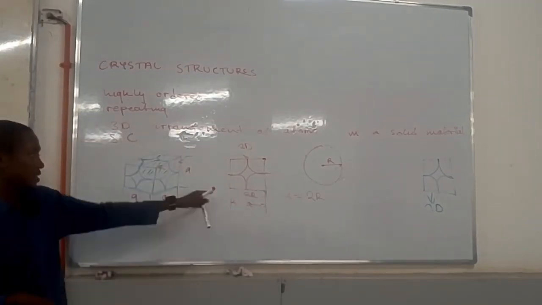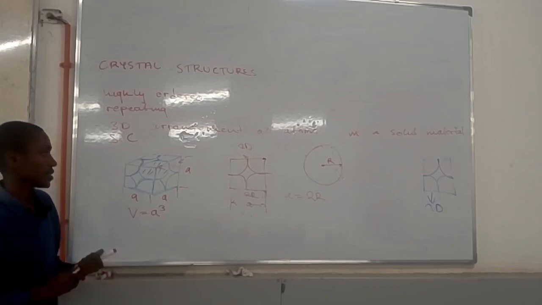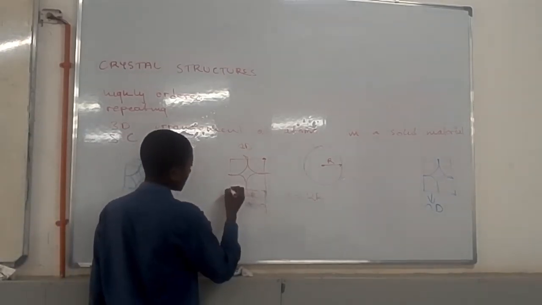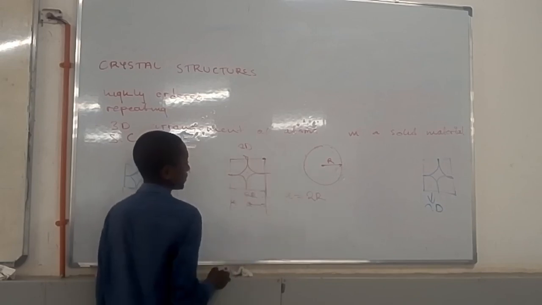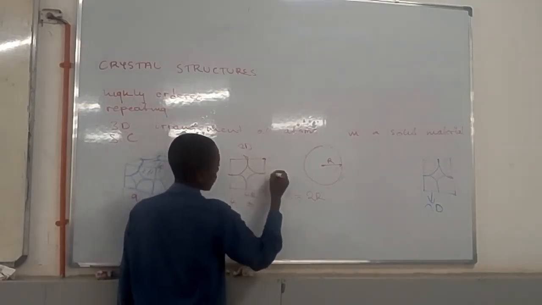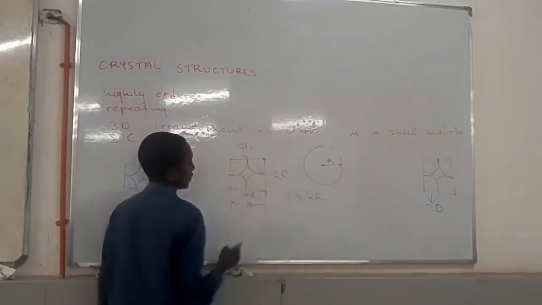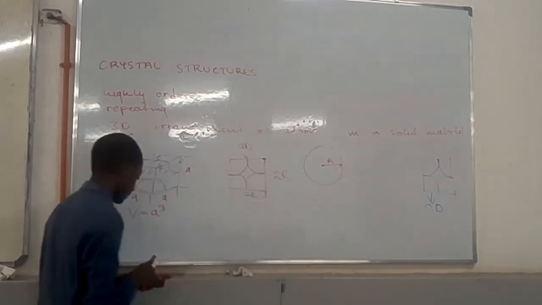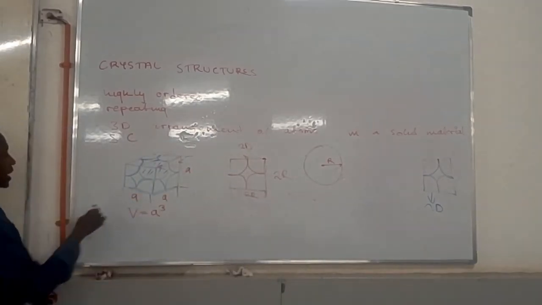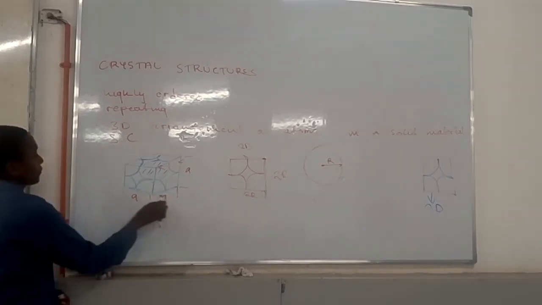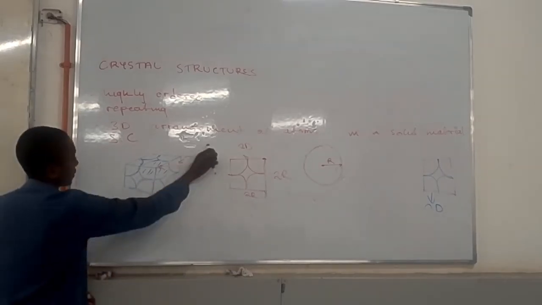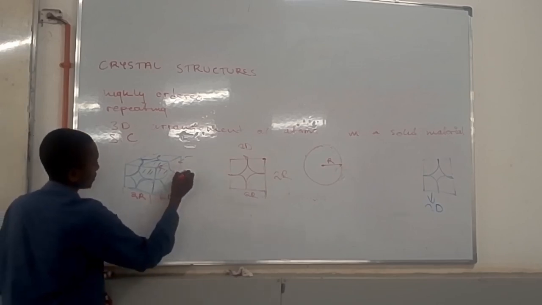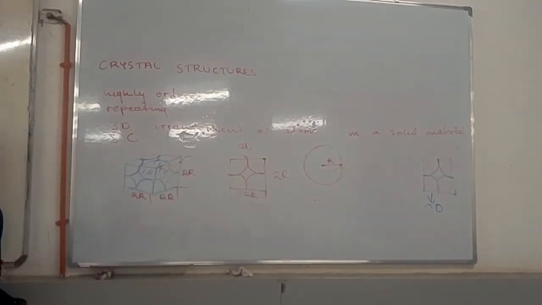So since this is a cube, and we can see that this side is identical to this side, we can say that even here we have 2R. If I come back to my 3D unit cell here, this is 2R, this is 2R, even this one is 2R.